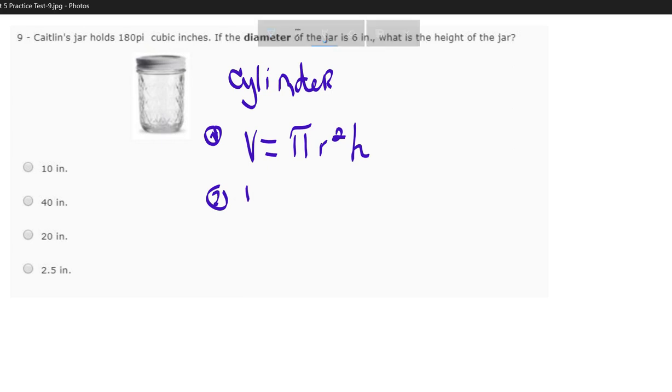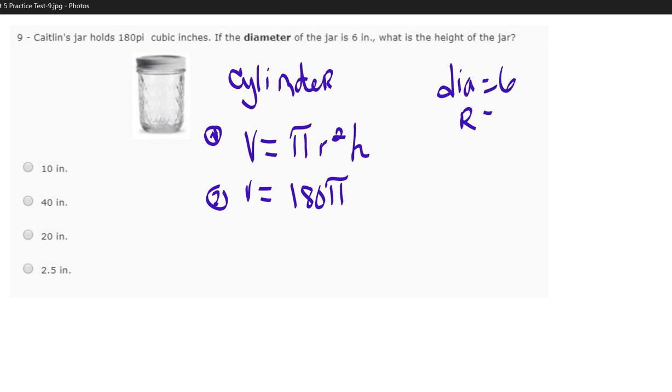Step 2 is to say what you know. Well, it tells us our volume is 180 pi. It tells us the diameter is 6. So that means our radius has to equal half the diameter, which is 3. And we're trying to find our height. Then we just plug it in.